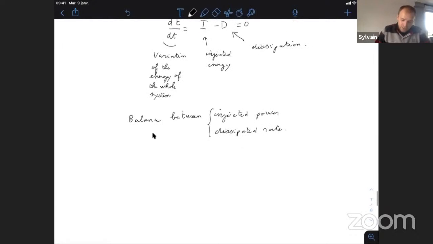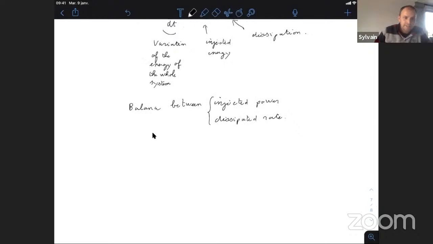Okay, so if you have this balance, just to explain, experimentally, we wanted to measure these two quantities. The injected power is just related to the velocity times the pressure.